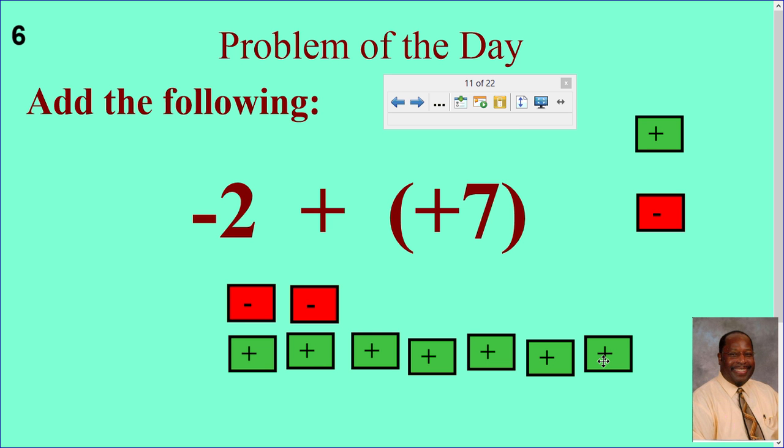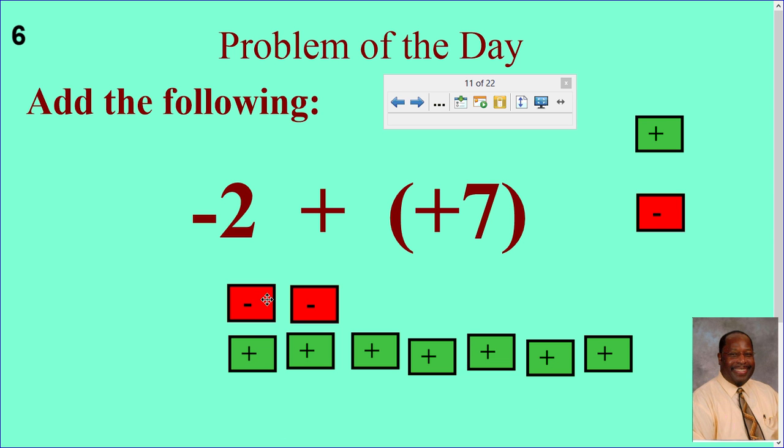Did you come up with your answer yet? Well, let's take a look at what I did. I first took 2 negative tiles, and then I took 7 positive tiles to represent -2, and I'm going to combine that or add that to +7 tiles. But I remember the rule says if the signs are different, I cannot add them.